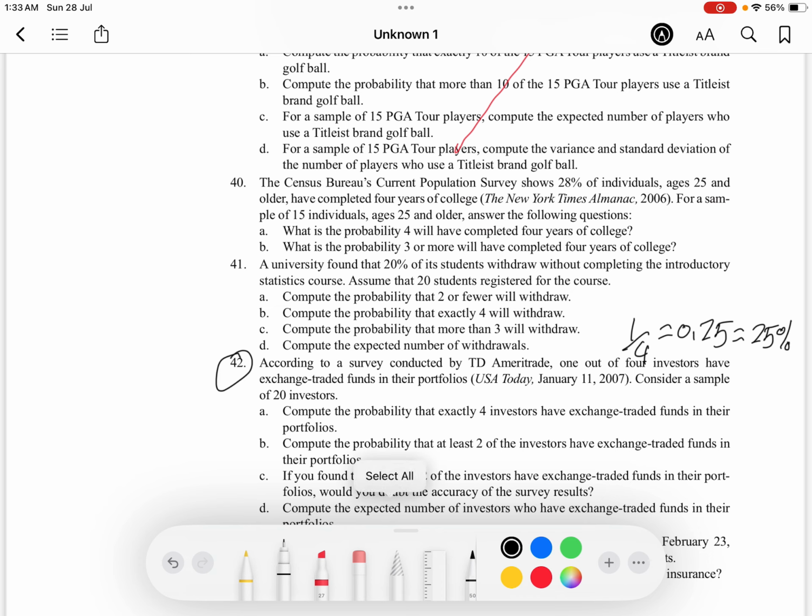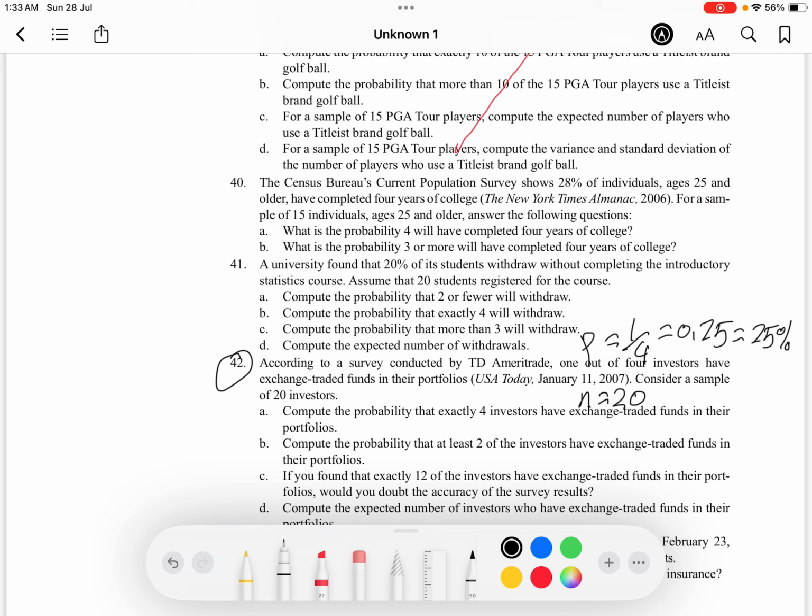Consider a sample, this is p, n equal 20 investors. Compute the probability that exactly 4 investors have exchanged traded funds in their portfolios.